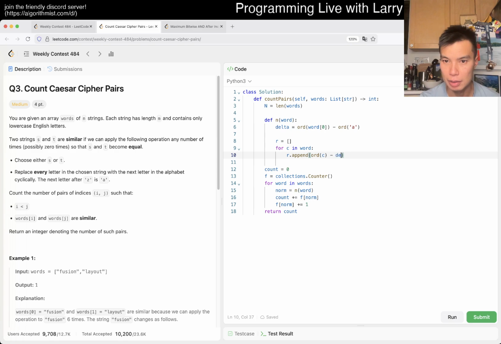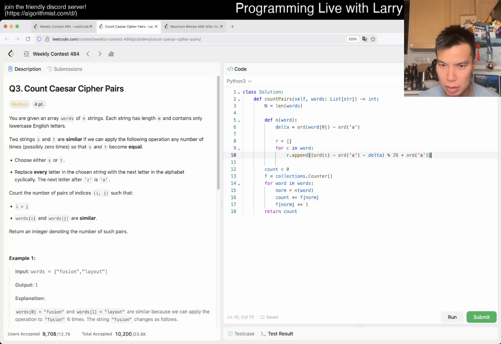C minus delta, and then let's mod that by 26, and then plus back A. Is that right? No, I mean, yeah.